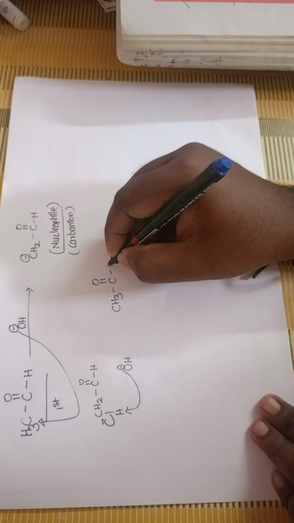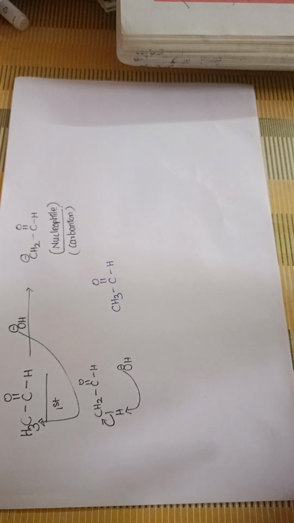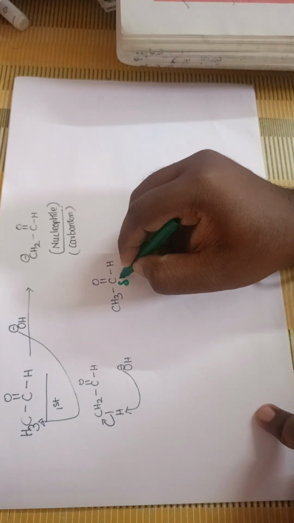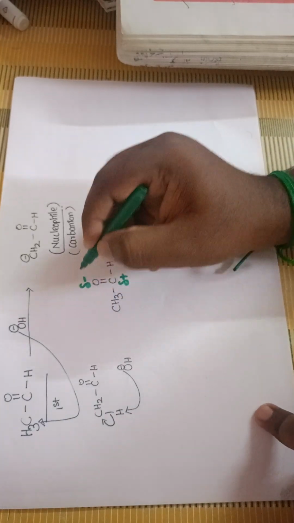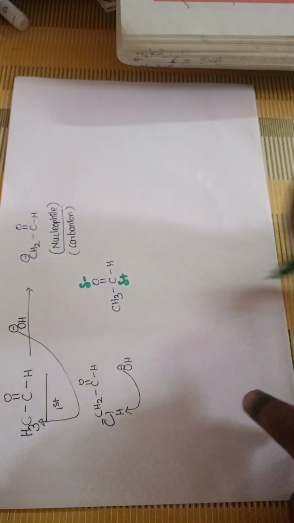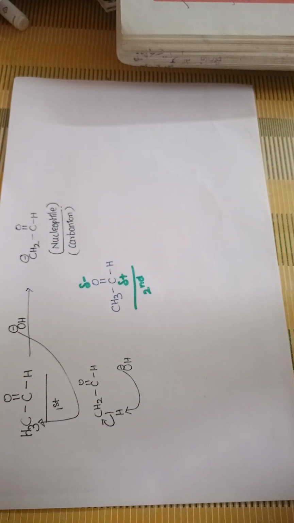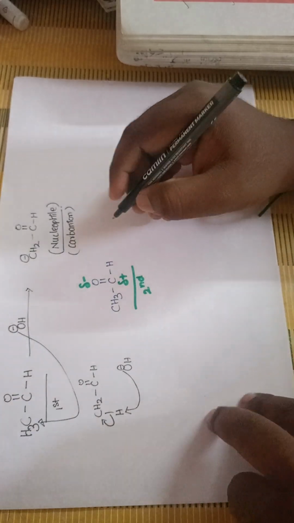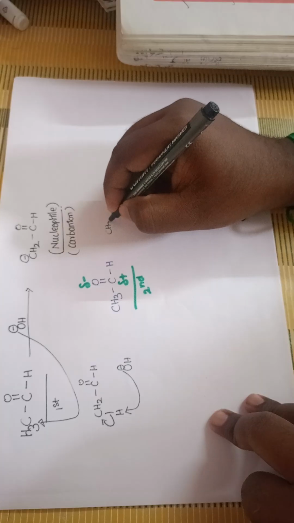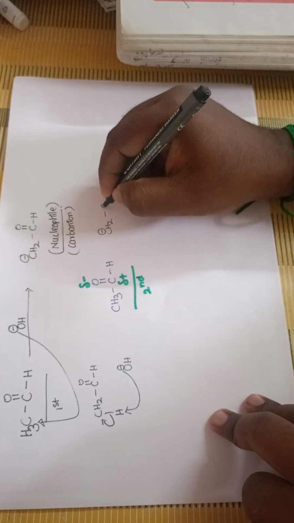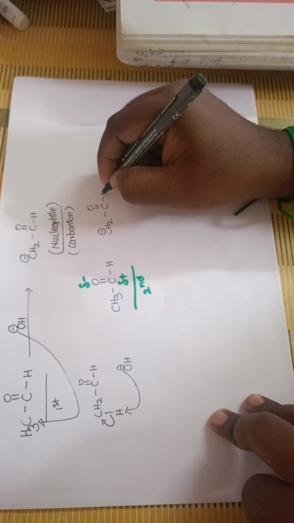In second molecule, we know very well that bond between carbon and oxygen is polarized bond, and it will get polarized in such a way carbon will get the positive charge delta plus, oxygen will get the delta minus. Now this is second molecule. The first molecule nucleophile is going to attack the second molecule.